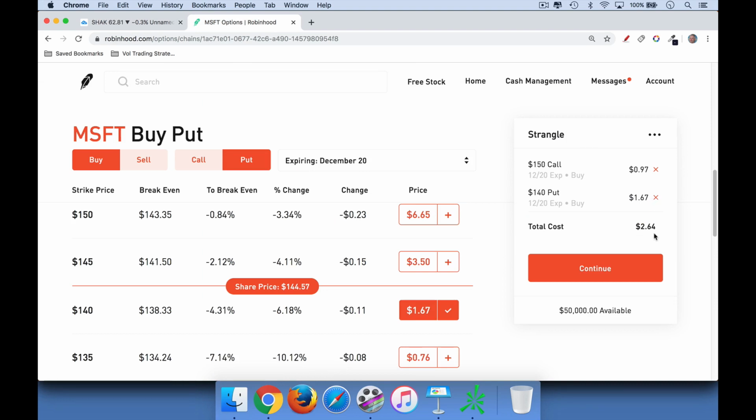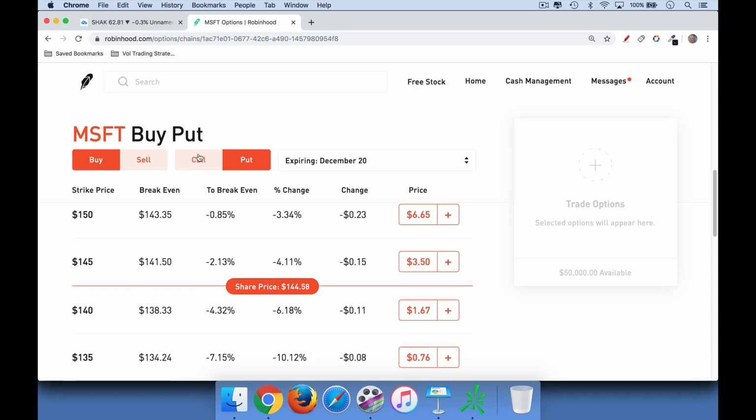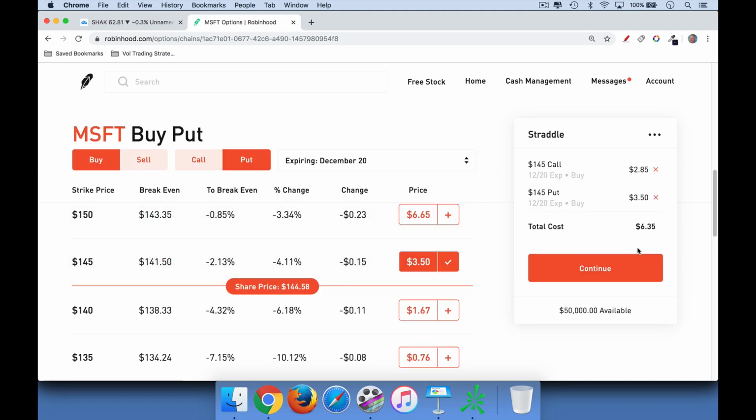So let's just remember this number for the strangle, $2.64, and we're going to compare that to an at the money straddle. So we're going to use the same expiration, but instead we're going to buy an at the money call and an at the money put, and you can see that the at the money straddle is going to cost us $6.35, and so that's about, call it, 2.5 times what the strangle would have cost.